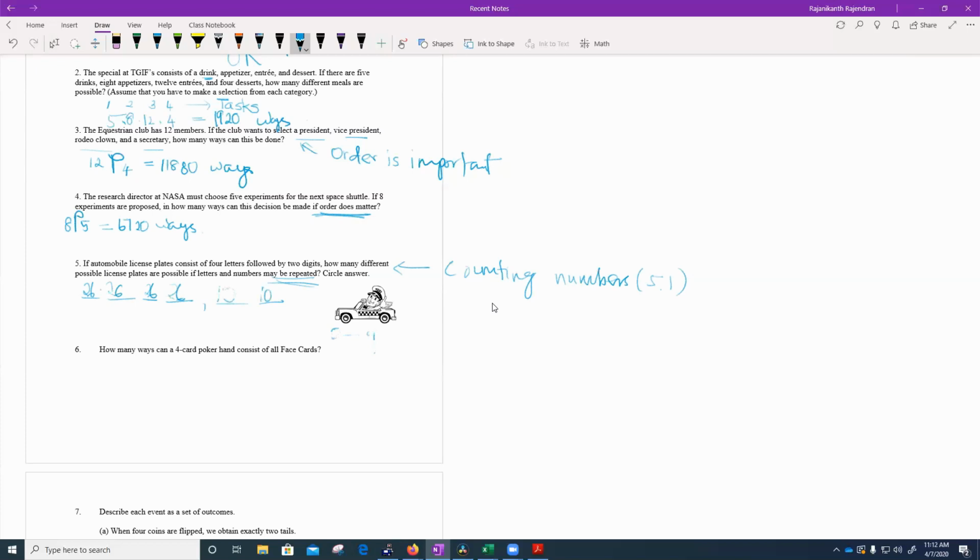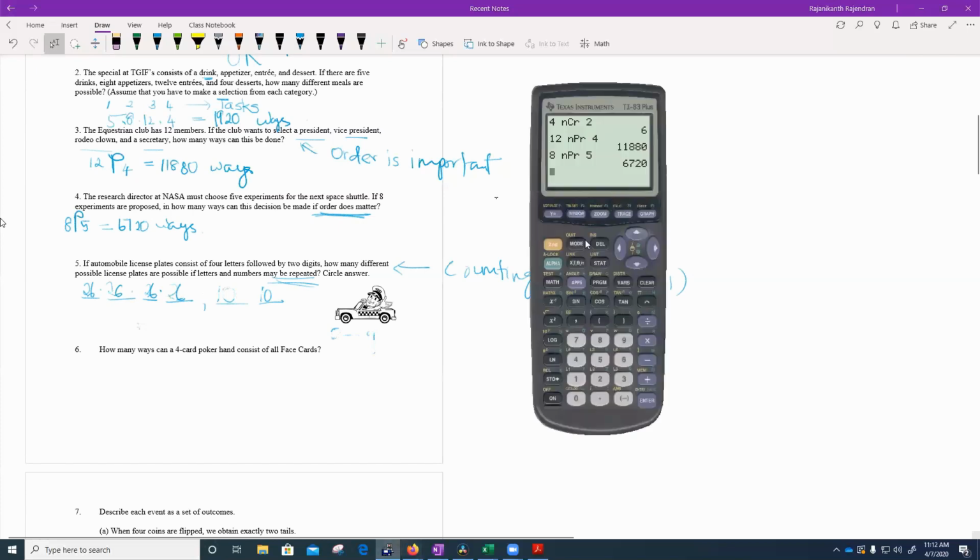So simply multiply all of this: 26 times 26 times 26 times 26 times 10 times 10, which is 45,697,600.